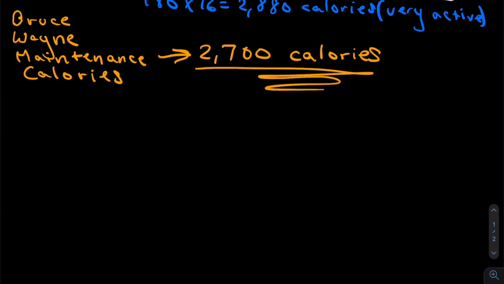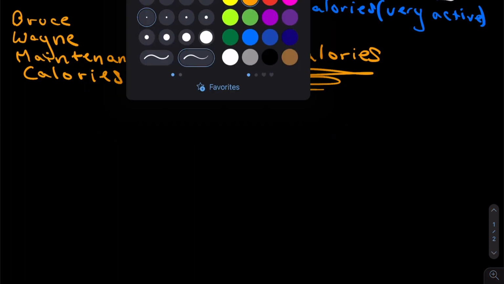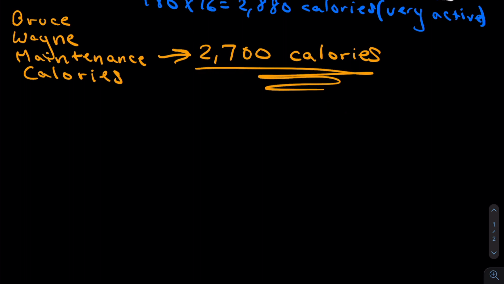Right there. So in order to track cutting calories, in order to lose fat, what we're going to have to do is essentially play around with this number right here. So this is to maintain the weight. The magic number for me personally to lose fat is going to be this.